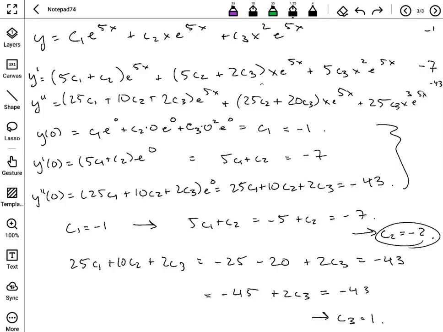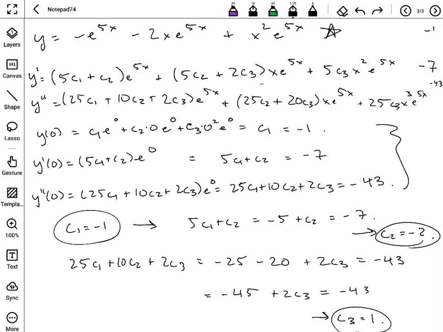So those are my 3 constants. And so my final answer, this y equal to c1 e to 5x, c2 x e to 5x, c3 x squared e to 5x, I just plug in the c's that I found. So I've got minus e to 5x, minus 2x e to 5x, and then just plus 1 times x squared e to 5x.